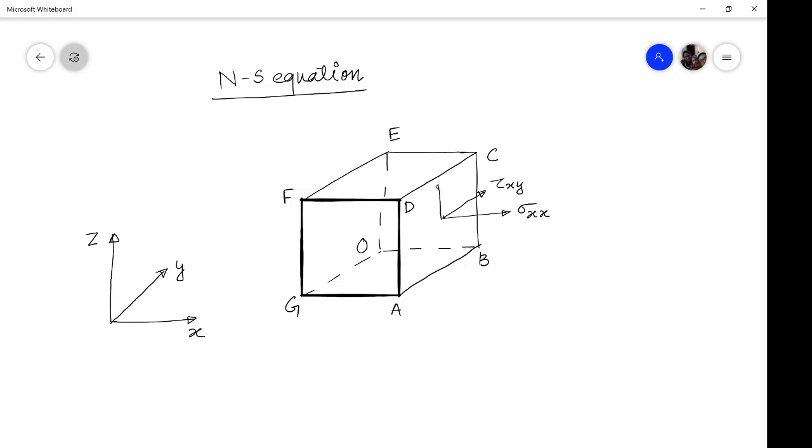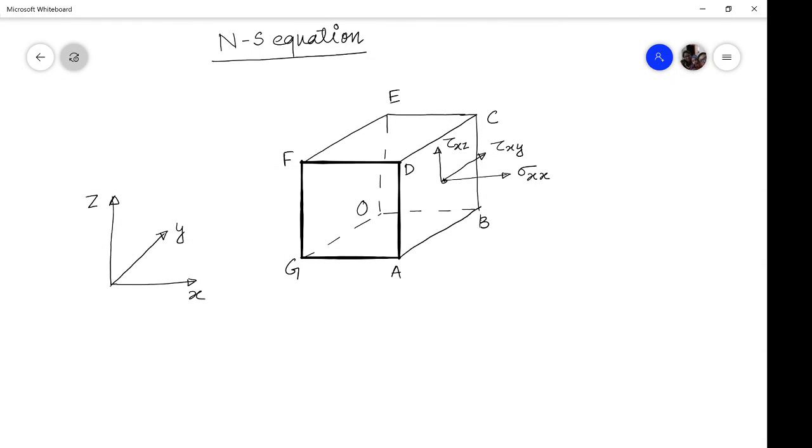Likewise, this will be tau on the x face in the z direction. Likewise, in the negative x face, we can do the same thing. Let me change the pen. So this is the normal stress on the negative face in the negative direction. So that will again be positive, sigma xx.